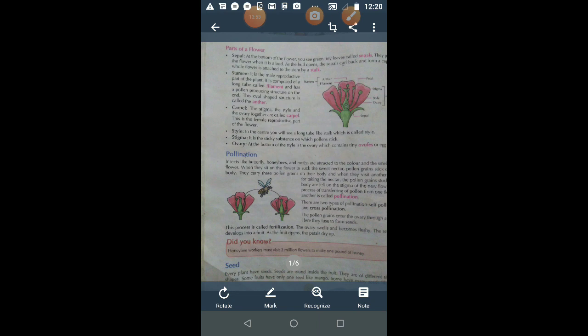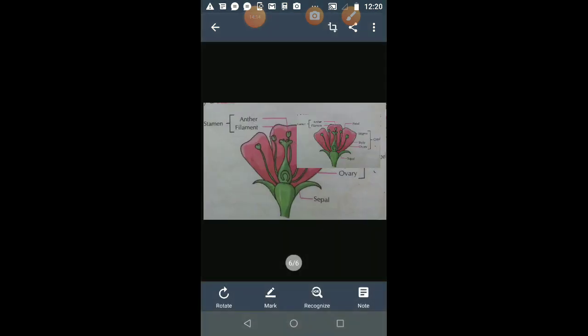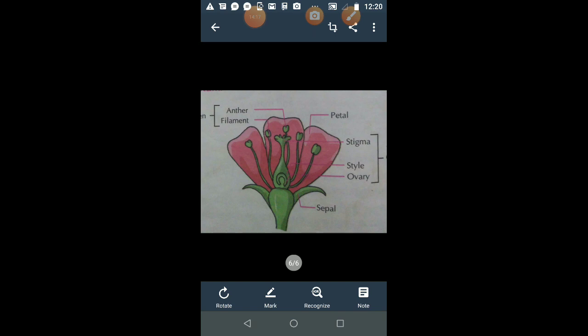Okay student, now observe the picture, observe this diagram. This is the diagram of a flower. And what is the name of the flower?